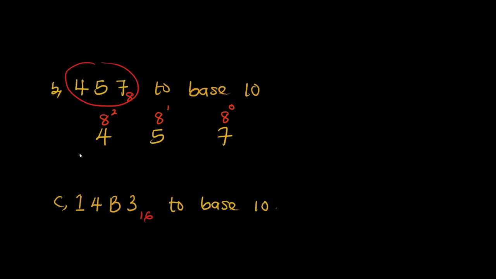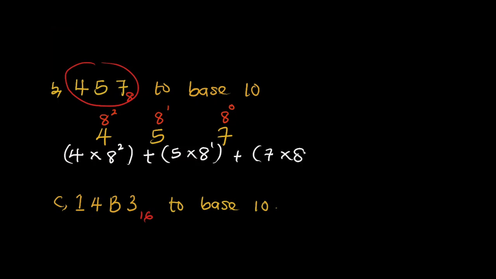So if we expand this now, the expansion is more like to multiply. We'll say this is 4 times 8 raised to the power of 2, plus 5 times 8 raised to the power of 1, plus 7 times 8 raised to the power of 0.